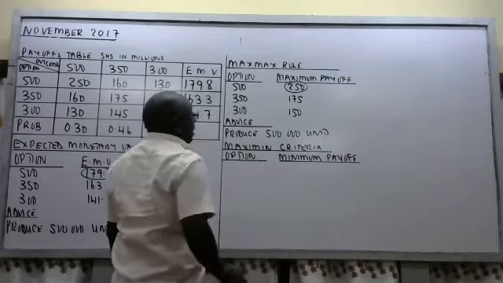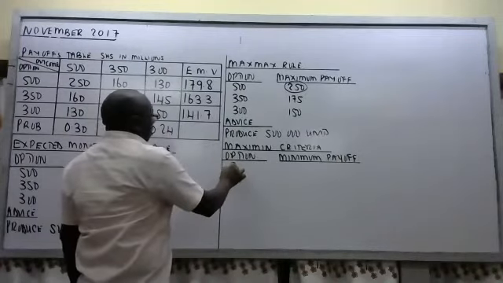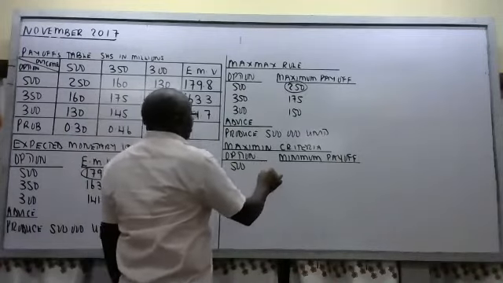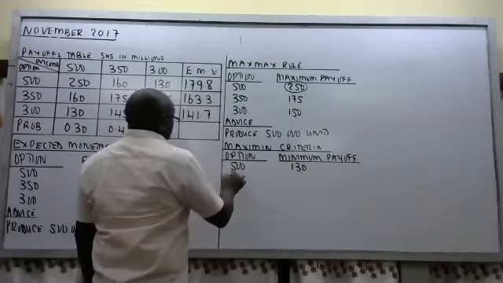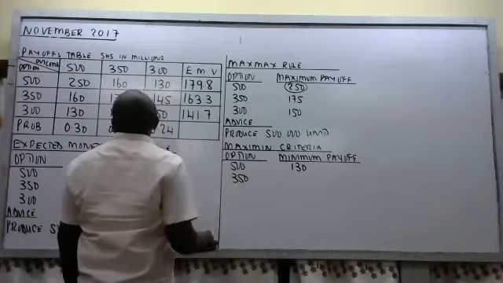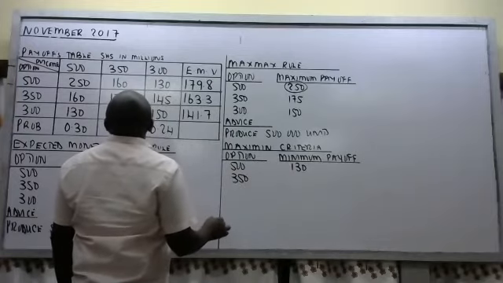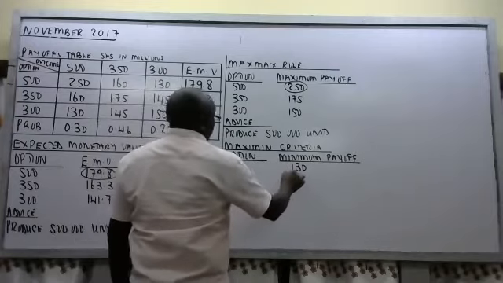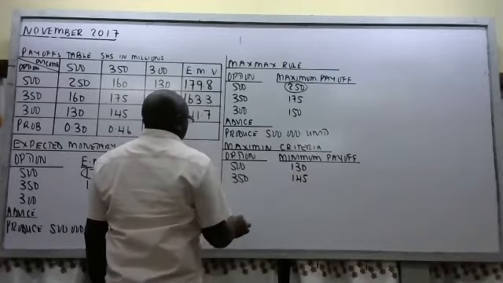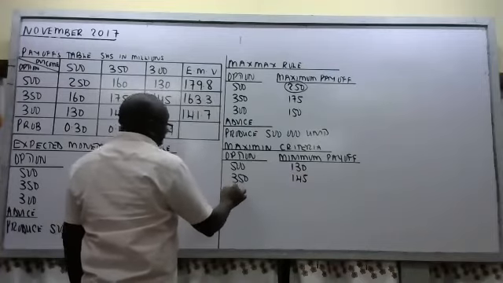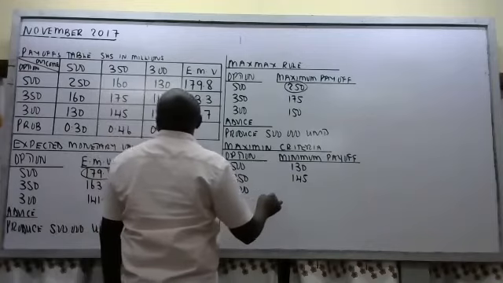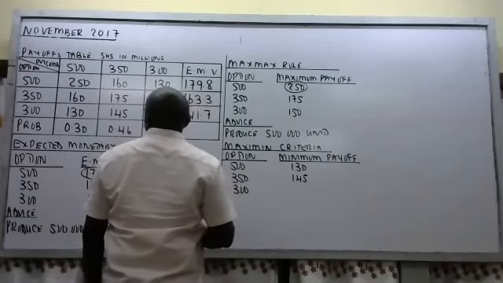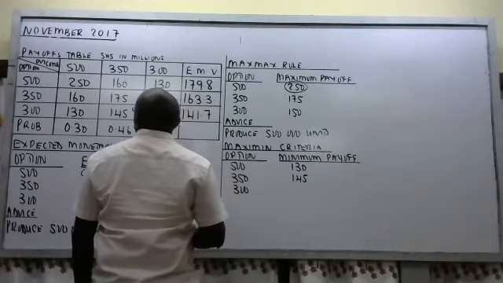So for 500, the minimum is 130. Then 350, the minimum is 145. And then 300, the minimum is 150.